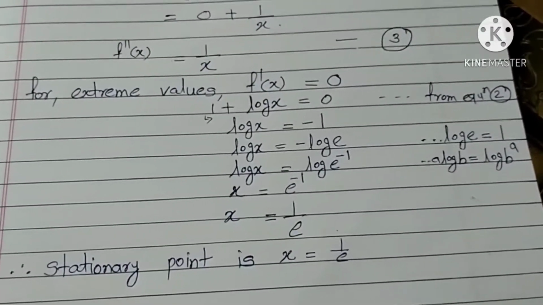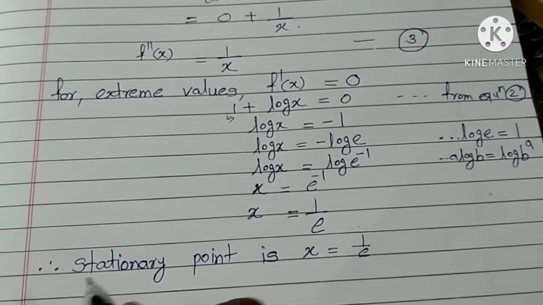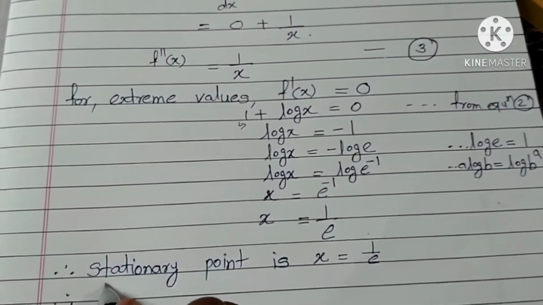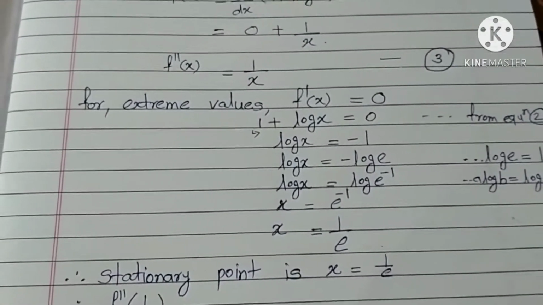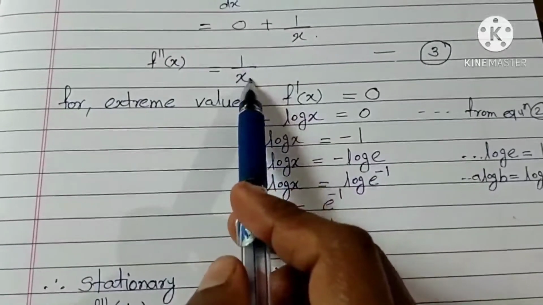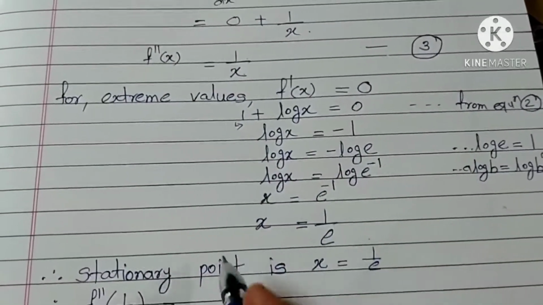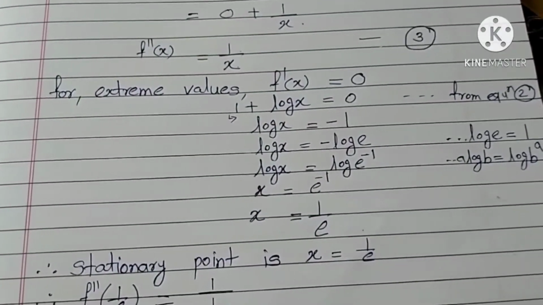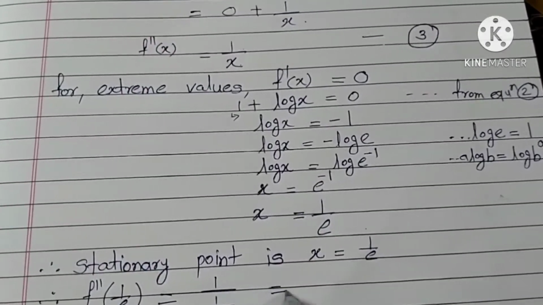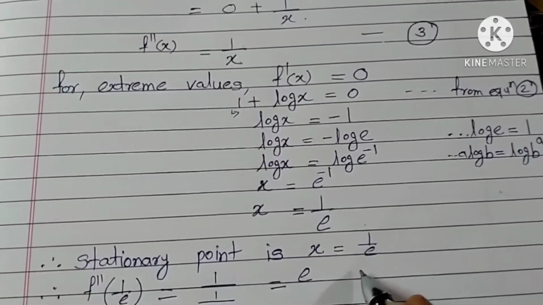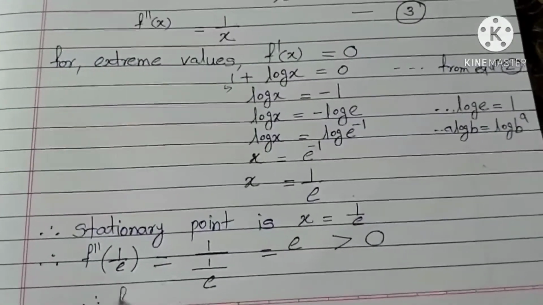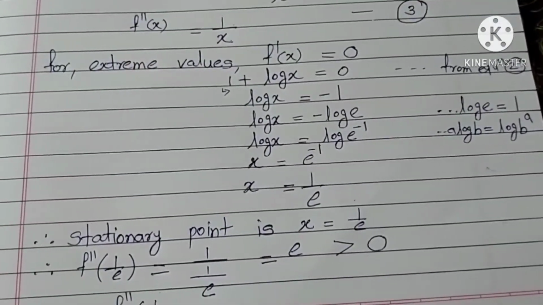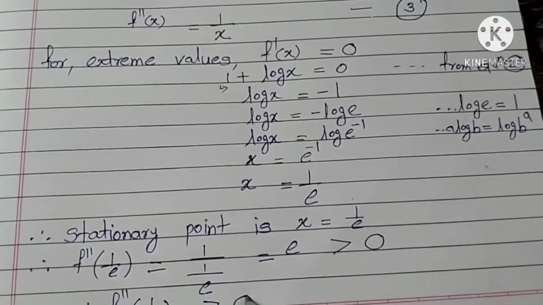Now check for maximum or minimum value. So f double dash of 1 upon e is equal to, now put 1 upon e instead of x. So 1 upon 1 upon e is equal to e, and this is always greater than 0. Therefore f double dash of 1 upon e is greater than 0.